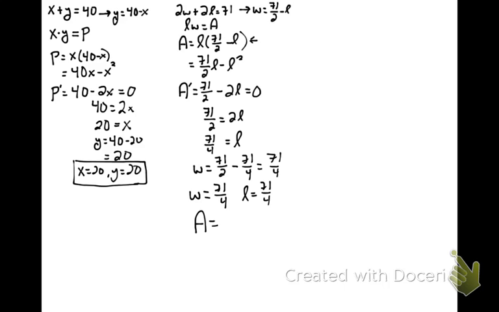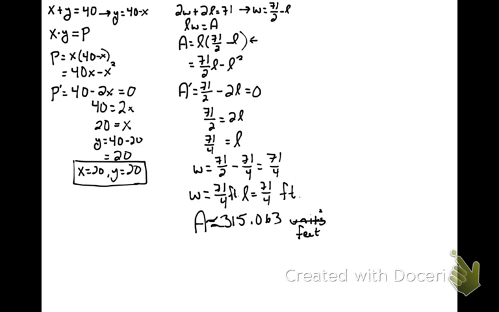And the maximum area in this case would be 315.063, again always rounding to 3 decimal places, units square. I guess it would be feet square since everything is in feet in the original problem. So we've got a width of 71/4 feet, a length of 71/4 feet, and an area of about 315.063 feet square.